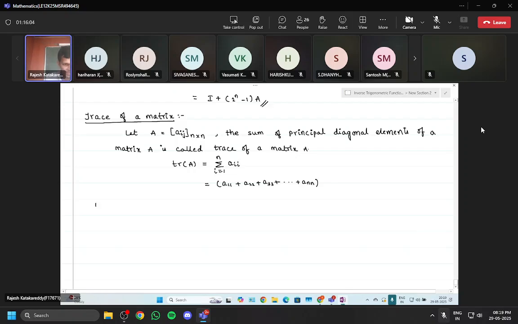If you need one example, let us take A is equal to 1, 2, 3, 4. For this matrix A, only one principal diagonal will be there. Trace of A is equal to 1 plus 4, that is 5.